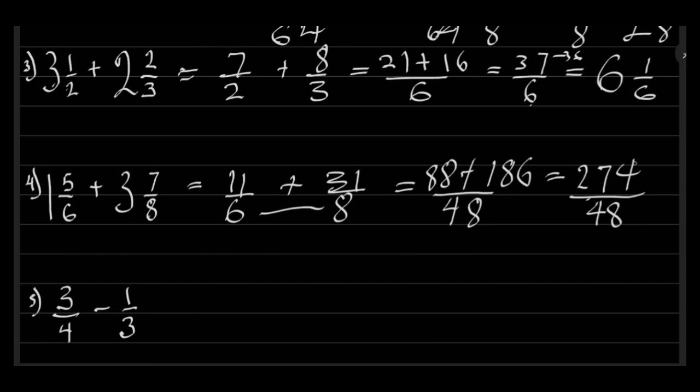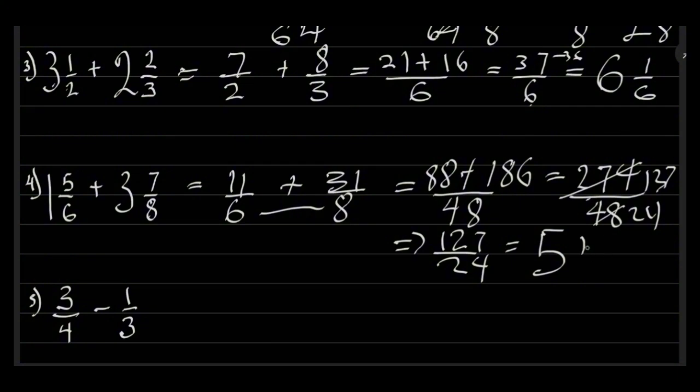So cancelling out by 2. 2 into 48 will be 24. 2 into 274 would be 137. So that would be 137 over 24. In all, we are going to have it in the form of a mixed fraction, and that would be 5 whole number, 17 over 24.